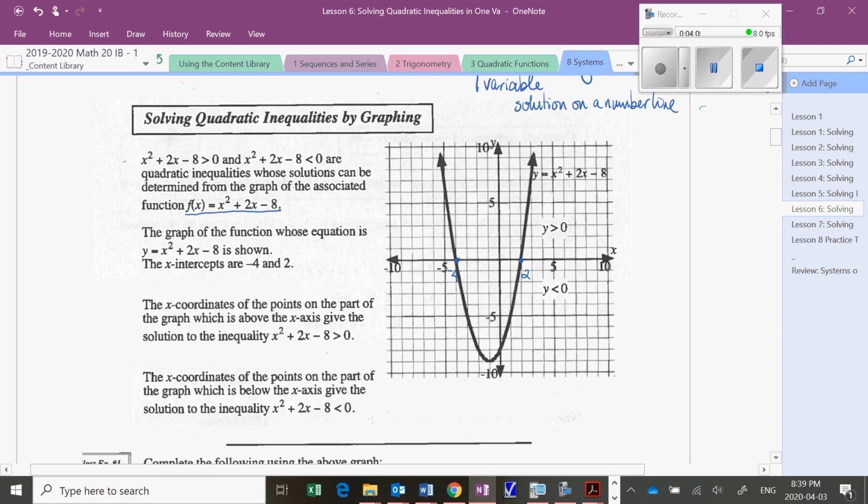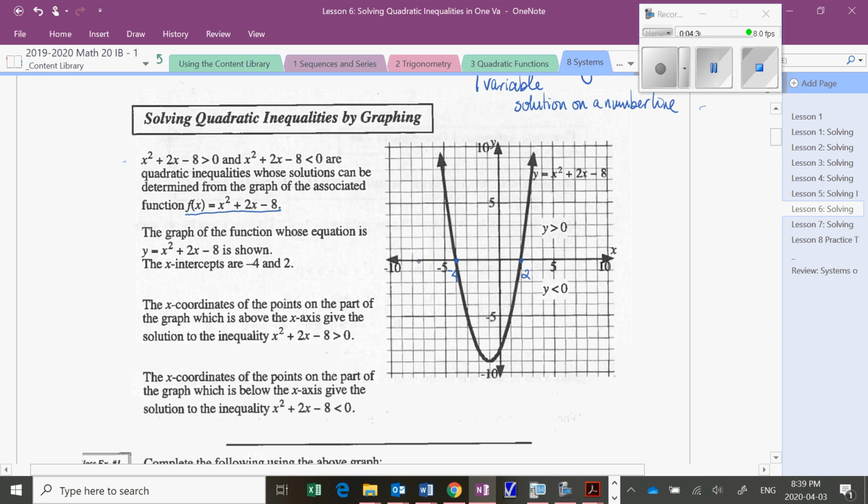If I was to put in x equals 0, then we're going to end up with the value -8, which is obviously not greater than 0, so it's not part of our solution set. We could go through and literally test a whole bunch of values, but it's actually very, very simple when you look at the graph.